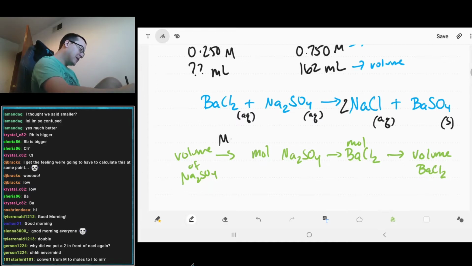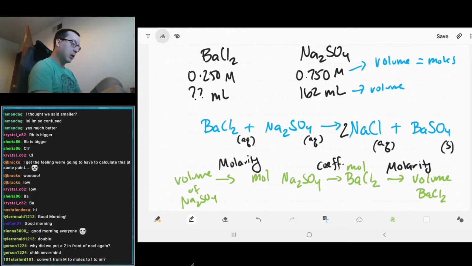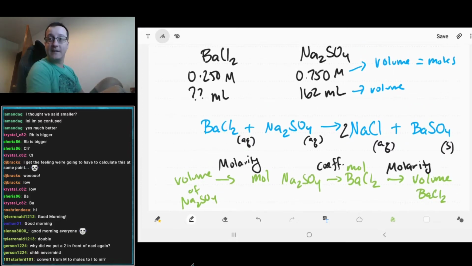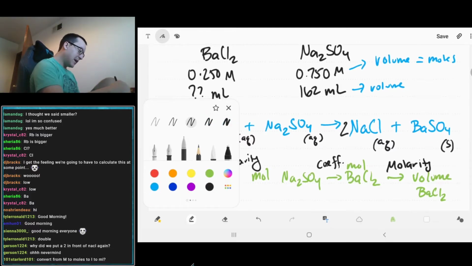Remember here, now this is where molarity are going to be our conversion factors. And in the middle, as always, are our reaction coefficients. And since when we're dealing with molarity, our volumes need to be in liters, we could go ahead and convert that.